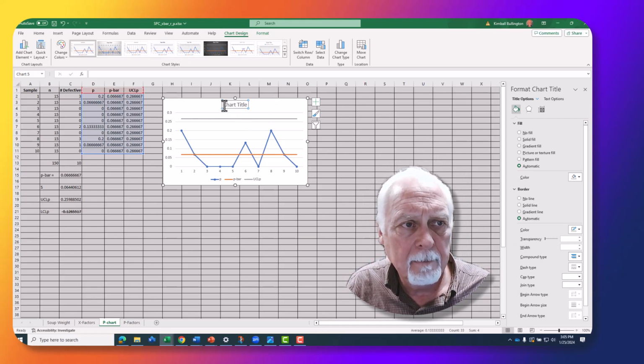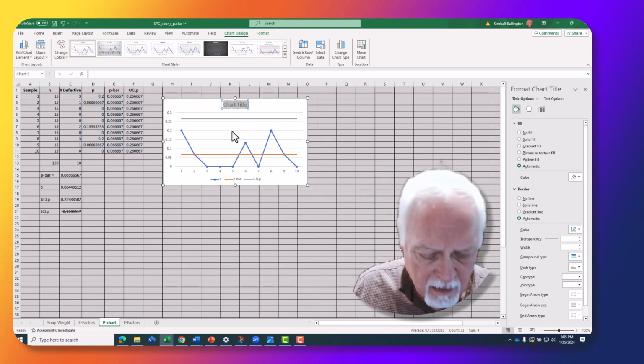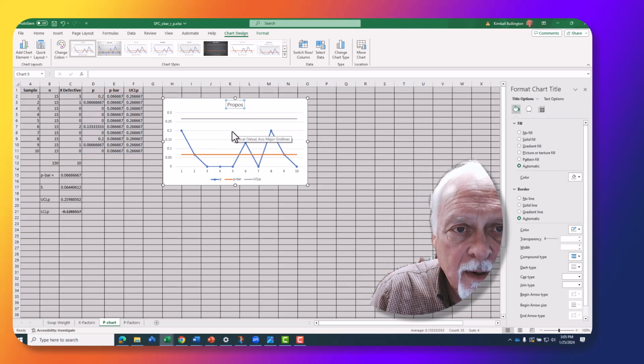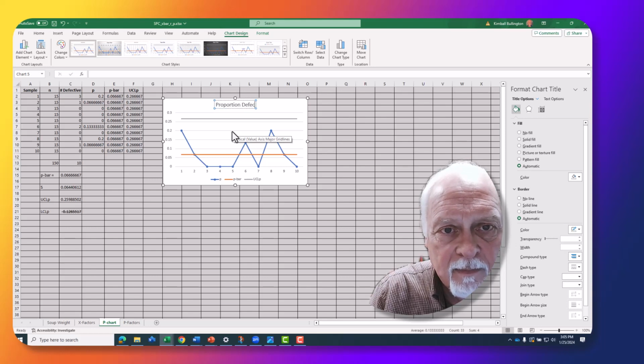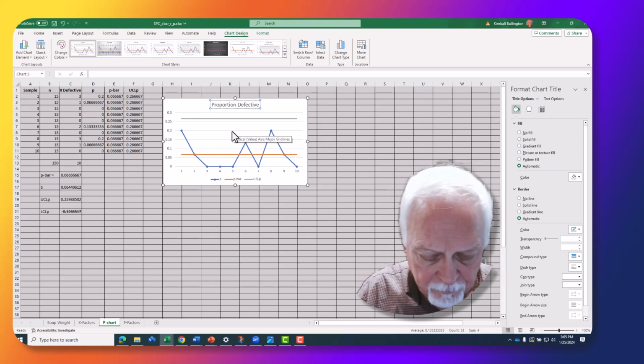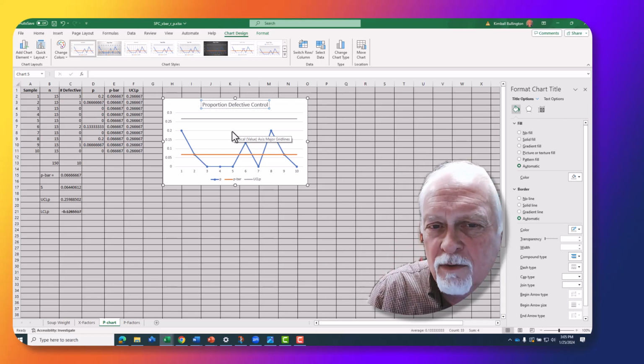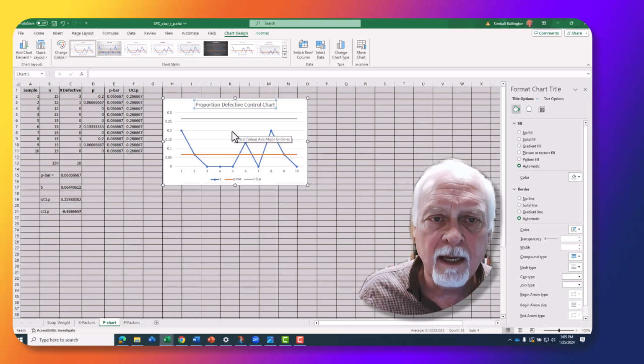I've actually forgotten what this particular problem is, so I haven't included a title. We could have said just P chart would have been okay.